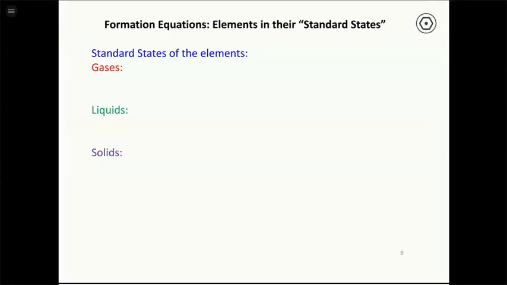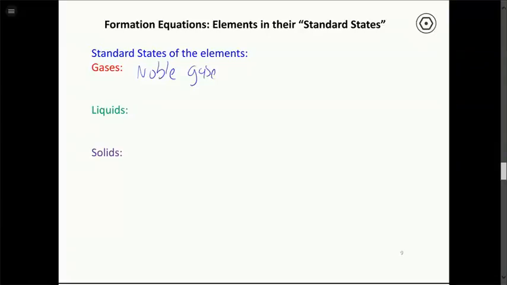So for the gases, there's going to be several elements that are gases, and these are all going to be nonmetals. As the name implies, all noble gases exist as gases in their standard states, although you're not going to see these in very many formation equations because there aren't very many compounds that involve noble gases. Now the other elements that are gases in their standard states are going to be many of the nonmetals. Hydrogen is a gas, as we probably already know, and it exists as H2. So hydrogen is one of our diatomic elements.